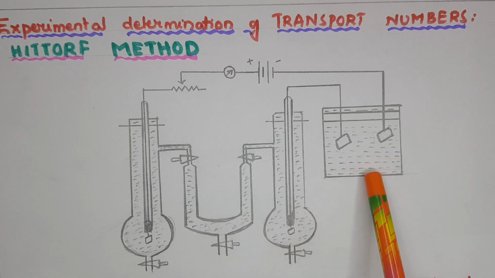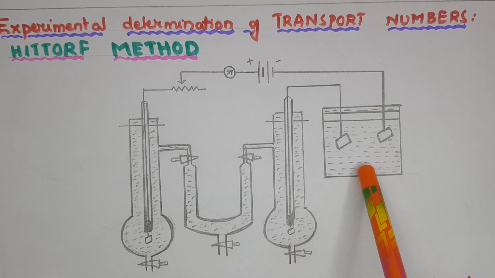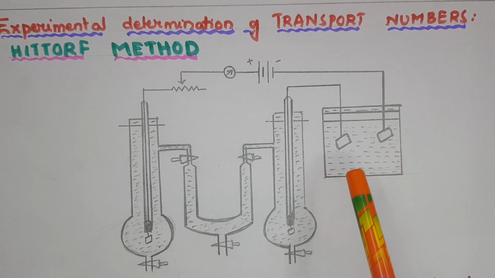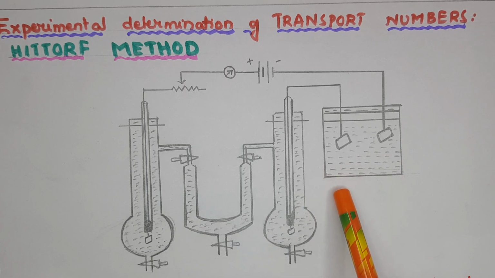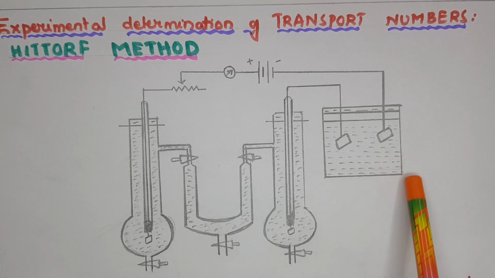A silver coulometer is connected in series with these three compartments, which means the same quantity of electricity passes through the silver coulometer also. Whatever amount of silver metal is getting deposited on the coulometer gives the fall in concentration both at anode and cathode, students. So what is the purpose of the silver coulometer?